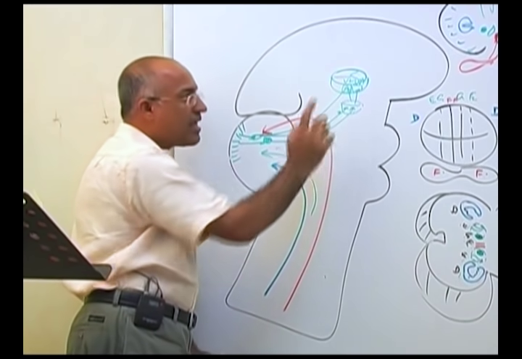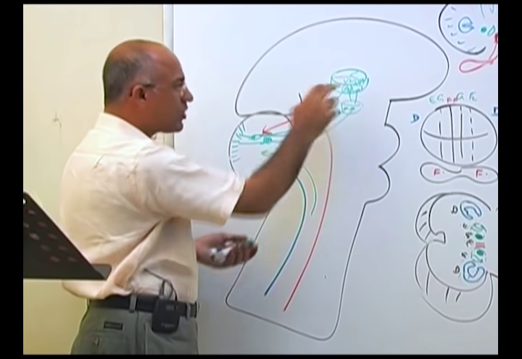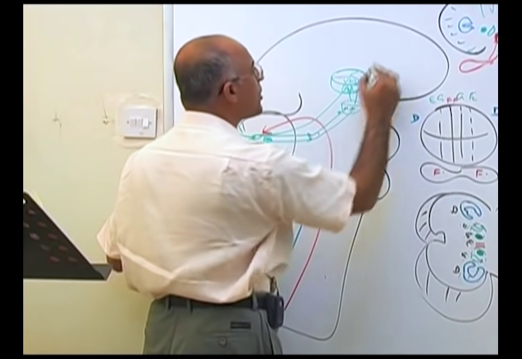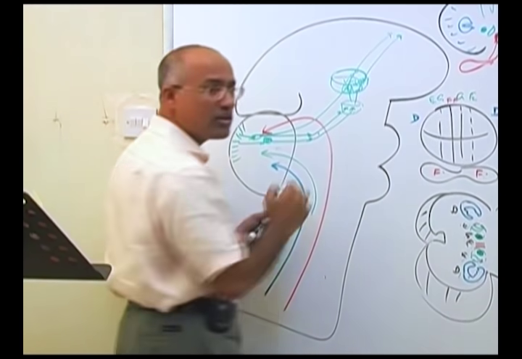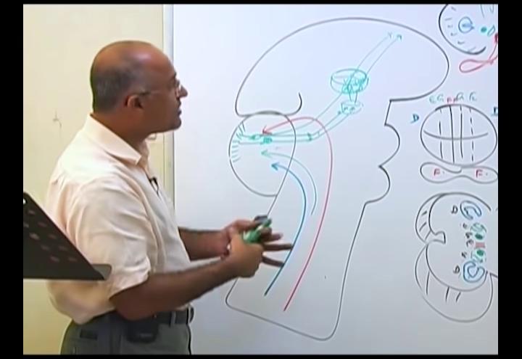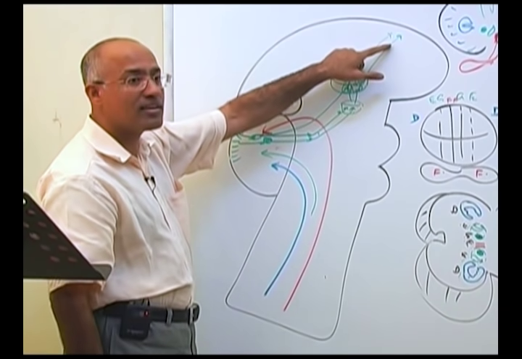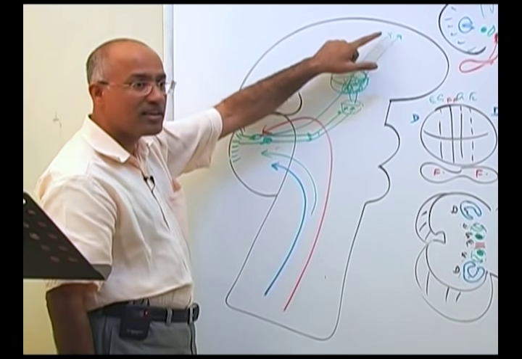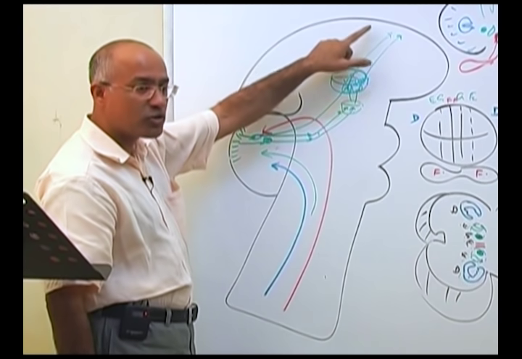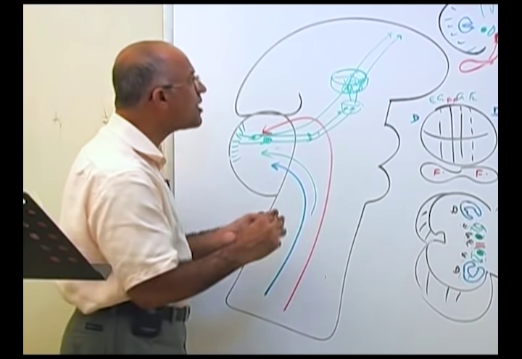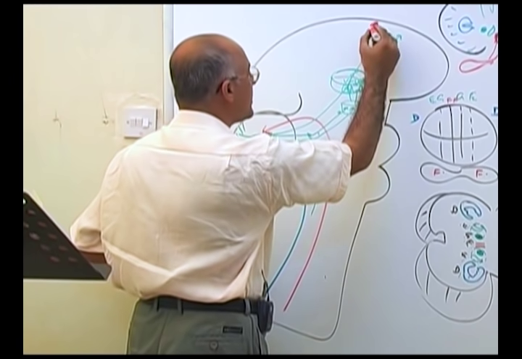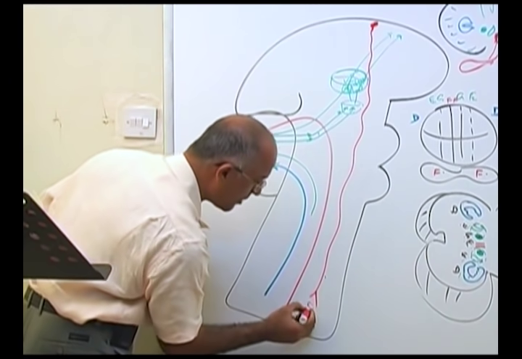Is that right? When these fibers reach here, the next fibers go as thalamocortical fibers and they will influence the premotor area, primary motor area, somatosensory cortex, and from there eventually corticospinal fibers will come down.